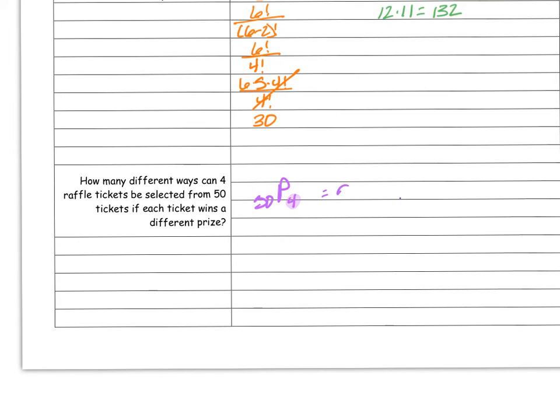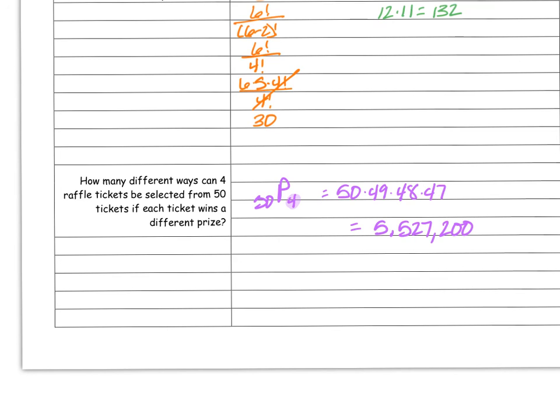So that's 50 times 49 times 48 times 47, the first four terms, multiplied together, which is 5,527,200.